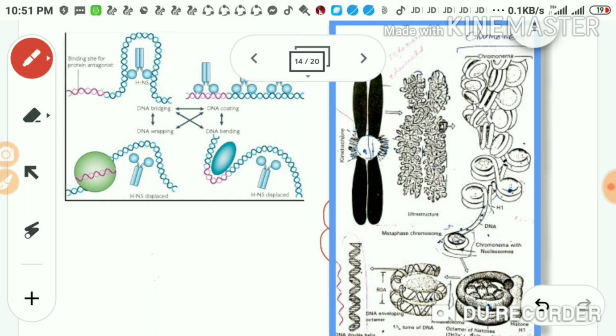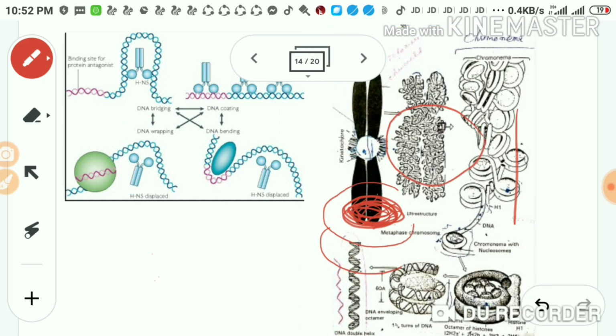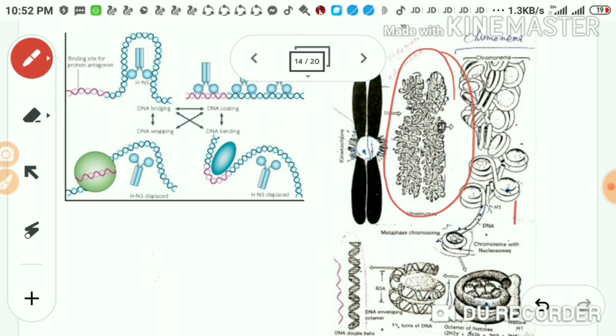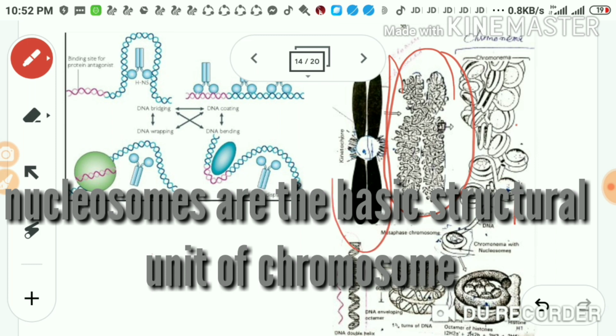They undergo further coiling or folding to form supercoils, and this supercoiling results in the formation of the highly condensed chromosome. Finally, the result is this particular chromosome.